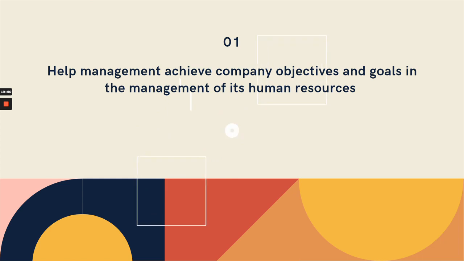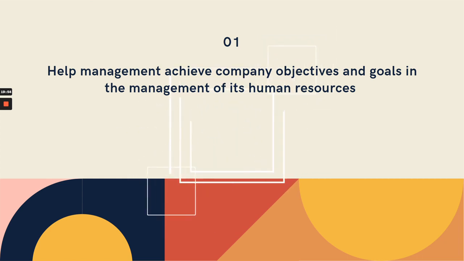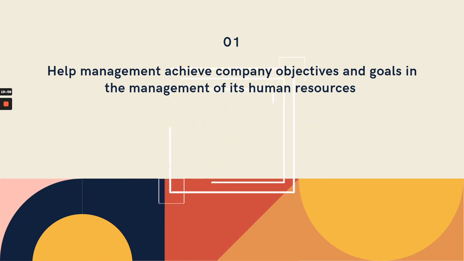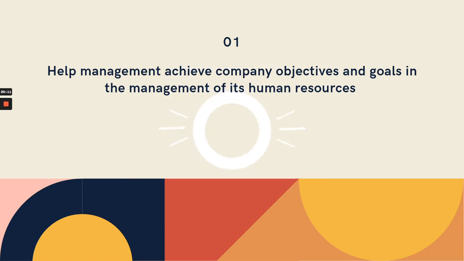So one, the human resource manager helps the management achieve company objectives and goals in the management of its human resources. You really need someone to manage it because a personnel management department cannot be run by just one person. There are many of them because of the complex processes.